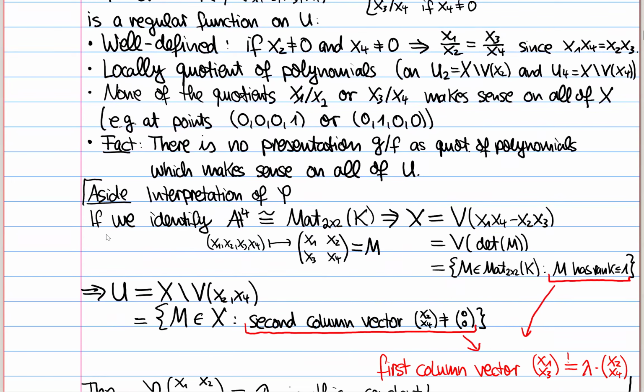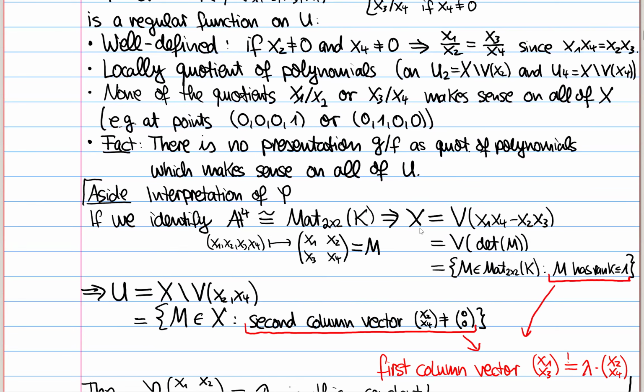The crucial idea is that this A4 with its 4 coordinates, you can identify as the set of 2 cross 2 matrices over K by arranging these x1 up to x4 in a 2 cross 2 matrix.